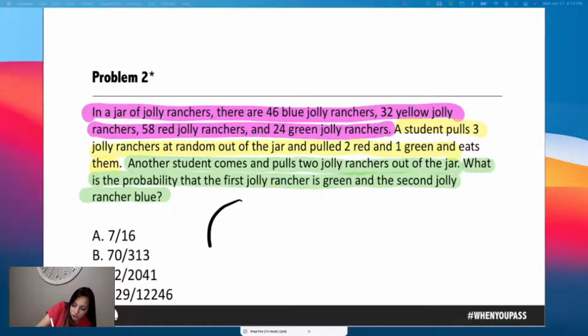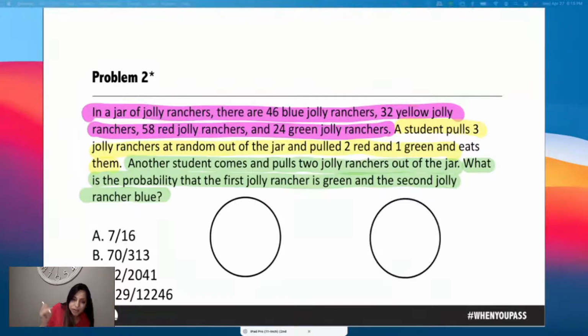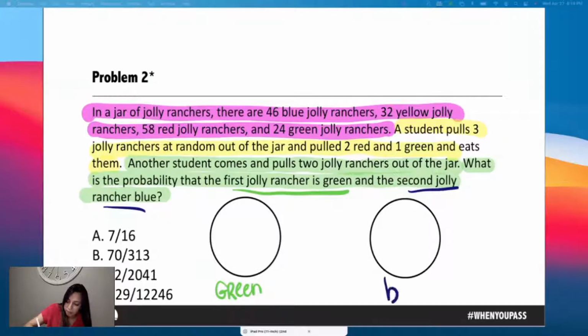So I have 2 separate probabilities going on. I've got my green probability and I've got my blue probability. And what I'm going to do to find my total probability is multiply those 2 probabilities together.